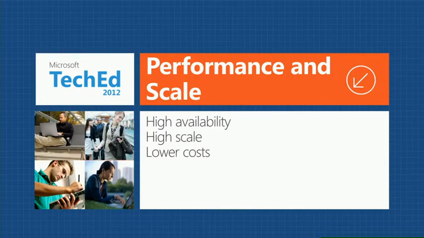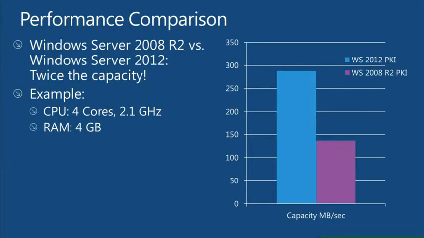We already talked about high availability, so I'm going to skip that for the time being, but let's talk about performance. If you take a look at this simple graph, we have preliminary numbers comparing Windows Server 2008 R2 and Server 2012. These tests were run on a 4-core, 2.1 GHz CPU with 4 GB of RAM, and the throughput that we're seeing is double what was capable in Server 2008 R2. And that's just amazing.